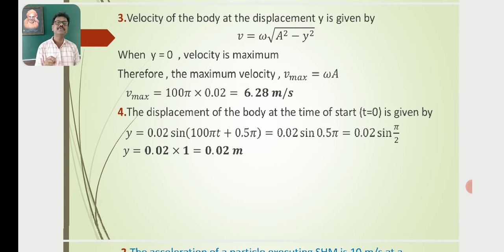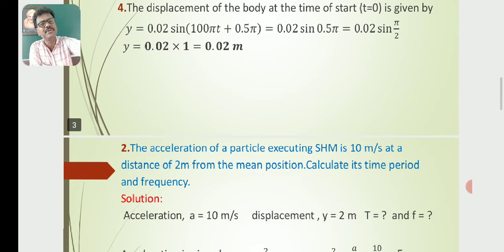Then y is equal to 0.02 into 1, which is equal to 0.02 meter, the displacement of the body at the time of start. So we found the amplitude, time period, maximum velocity, and the displacement of the body at the start when t is equal to 0.